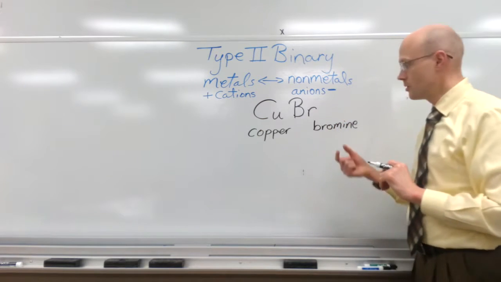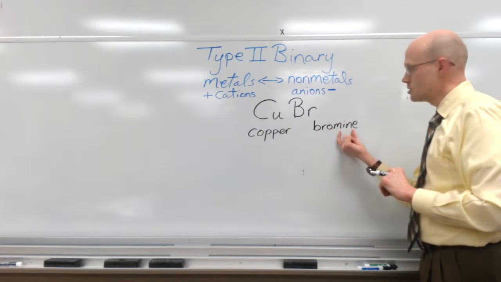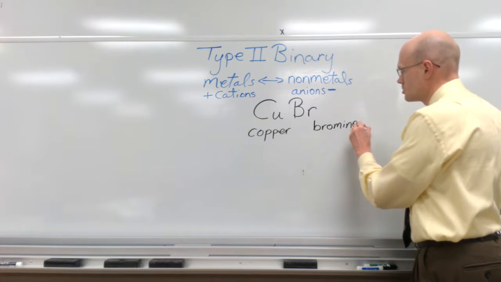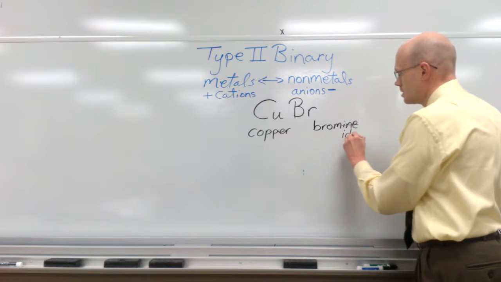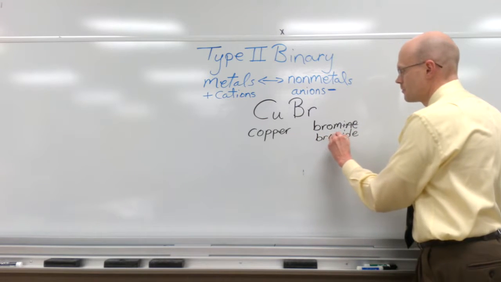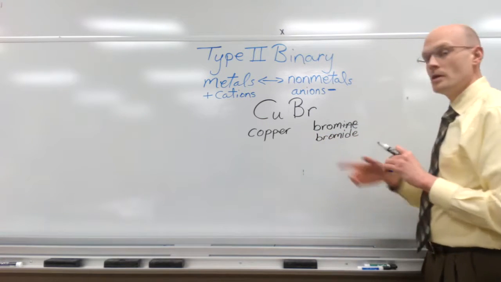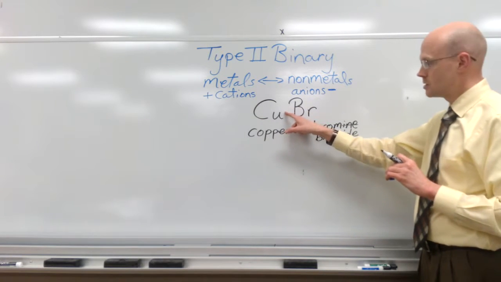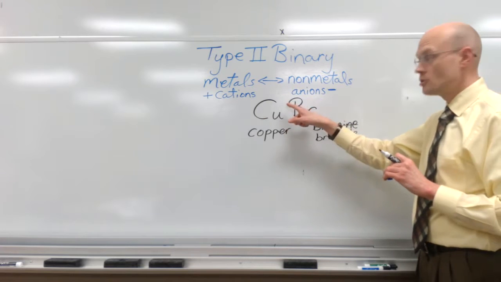We know that on these binary compounds, we need to change the bromine to bromide. The anion gets changed. So let's go ahead and do that. So we have bromide. But we're missing one detail, and that is the label of this copper. So we need to determine its charge.